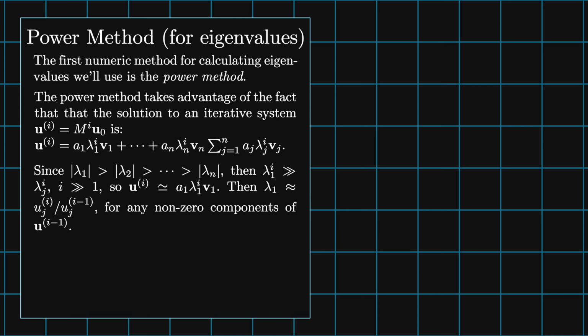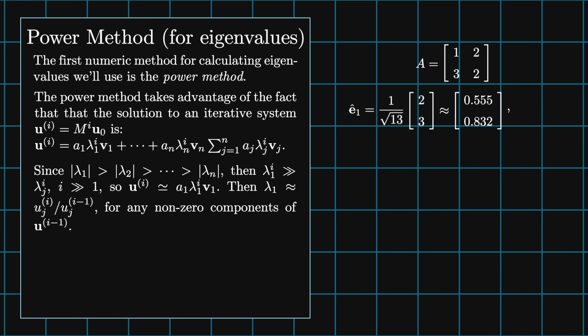Then lambda 1 approximately equals u_i sub j divided by u_{i-1} sub j, where u_i sub j is the jth component of u_i. Here's an example of this for the matrix 1, 2, 3, 2. For reference, it has dominant eigenvector 0.555, 0.832, and dominant eigenvalue equal to 4.